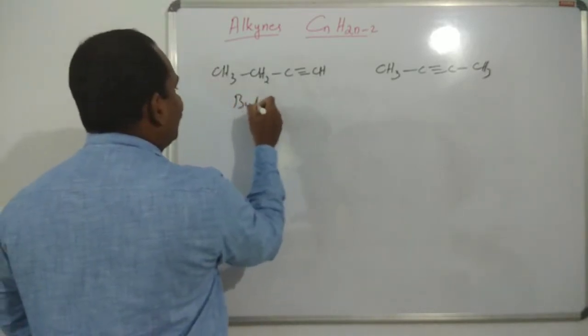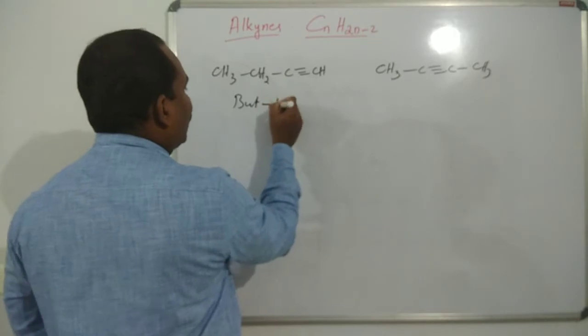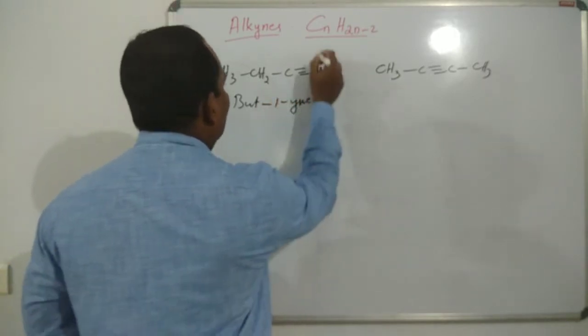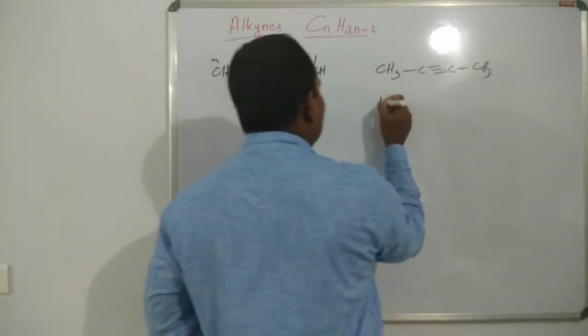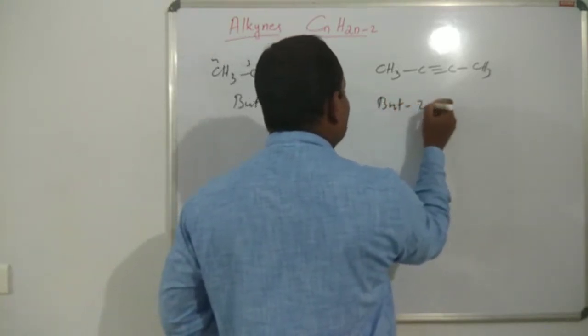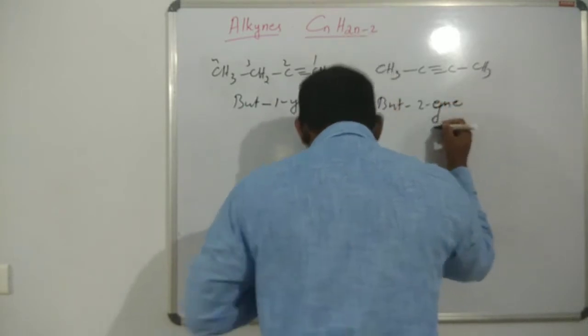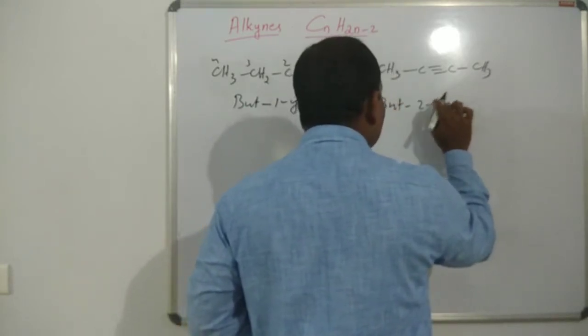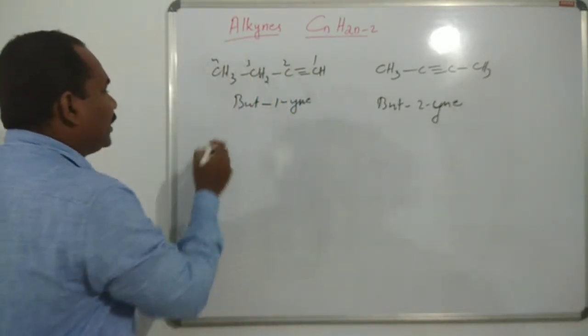This one is but-1-yne, 1, 2, 3, 4. This is but-2-yne. Okay.